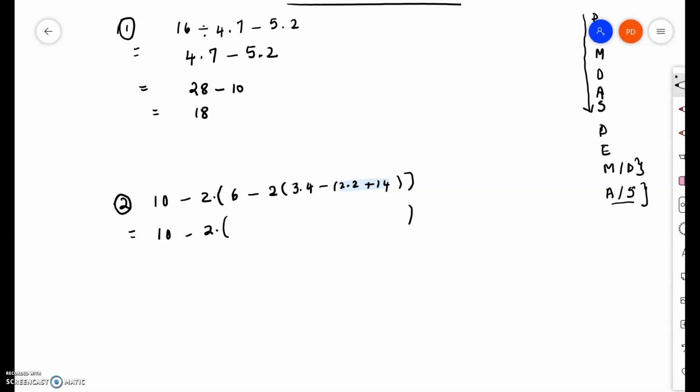So do not subtract. Subtraction is the last thing you're going to do in this problem. So we have 6 minus 2 times, and we can simplify this, that is 12, minus, let's simplify the inner parentheses, that's 2 times 2 is 4, plus 14, which is 18.